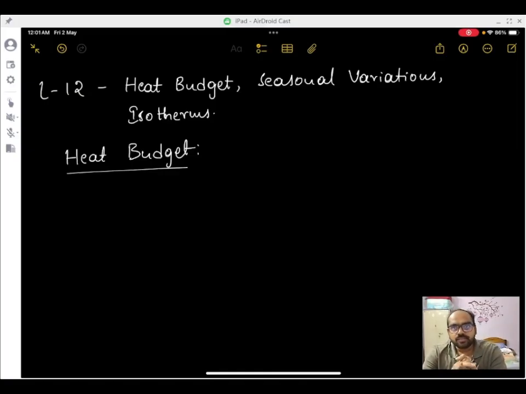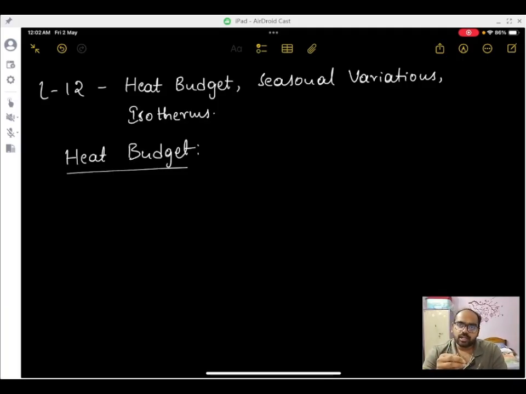In the previous class, we have learned about the composition of the atmosphere, constituents of the atmosphere, how Earth receives heat, what are the factors responsible for the amount of heat received by different parts of the Earth, and how the temperature is distributed on the entire Earth, and effects of the temperature like inversion of temperature, air stability and instability.